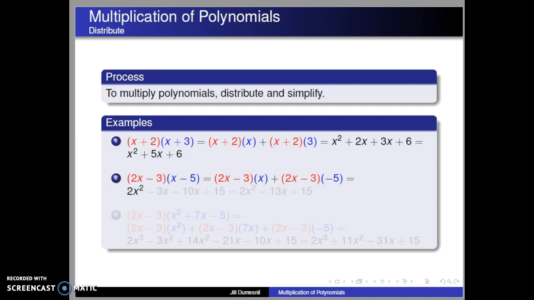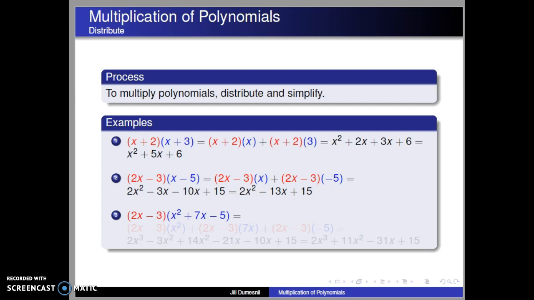Distributing again produces 2x squared minus 3x minus 10x plus 15. Collection of like terms produces 2x squared minus 13x plus 15.